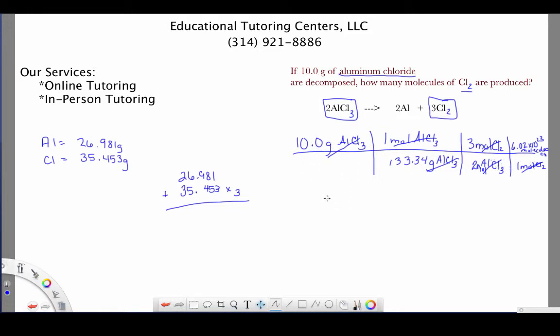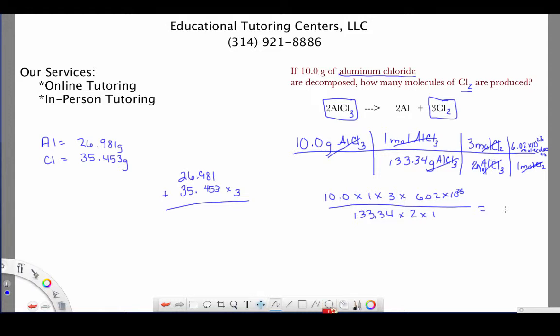So now we'll do our multiplication, which is 10.0 times 1 times 3 times 6.02 times 10 to the 23rd, divided by 133.34 times 2 times 1. Of course, we don't have to multiply by 1 because multiplying or dividing by 1 doesn't change a value, but I wrote those in for completeness.